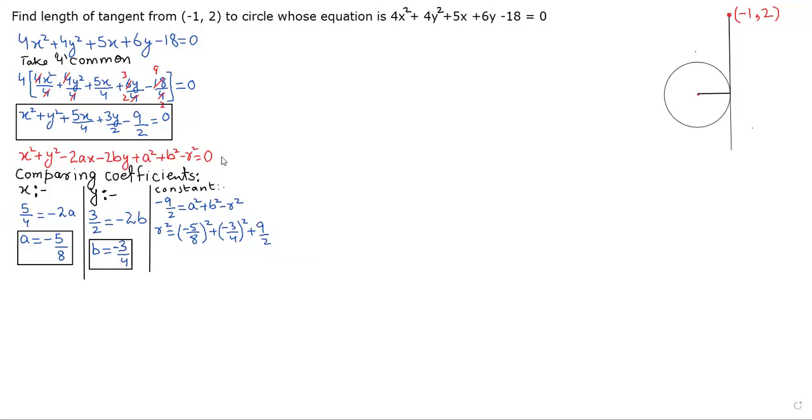When I simplify this, r square equals 25/64 plus 9/16 plus 9/2.